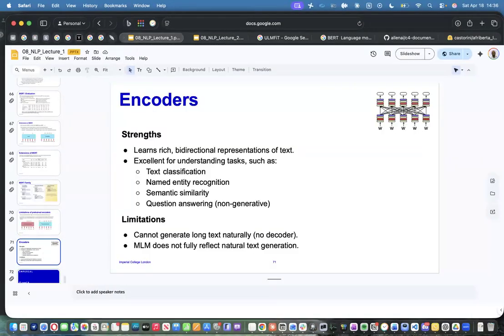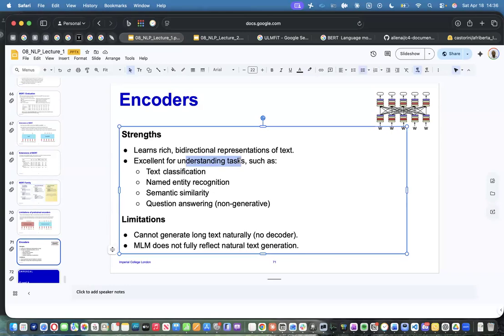You remember encoder-only models, we said, what are they good at? They are good at what we call understanding text. They are not good at text generation. For example, text classification: given a sentence, is this sentiment positive or negative? So understanding text, encoder models are very good at.